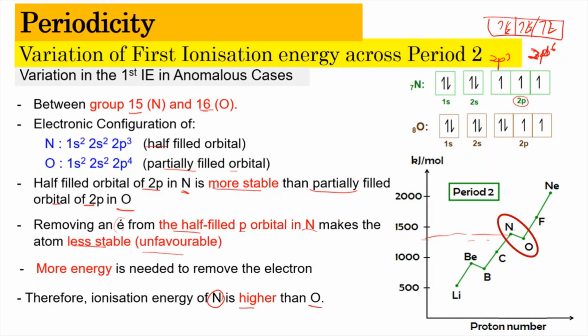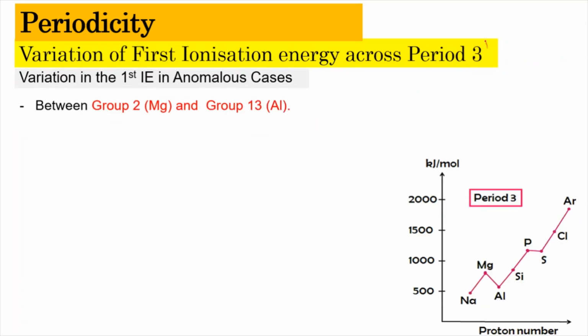Alright, now we're going to move on to period 3. In period 3, we also see similar cases to period 2, where the anomaly happens at group 2 and group 13. For group 2 in period 3, we have magnesium, and for group 13 in period 3, we have aluminium.